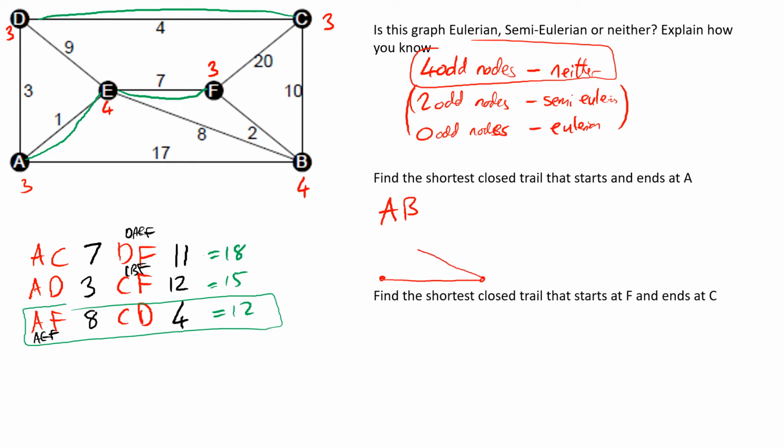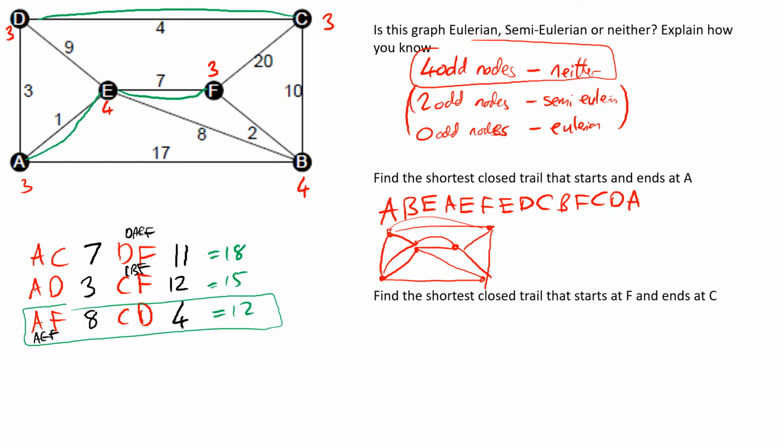We could go back to E, back to A, back to E again, and then maybe to F from there, and back to E, maybe up to D, over to C, down to B, down to F, back to C, back to D, and back to A. So you can see they can be quite complicated.